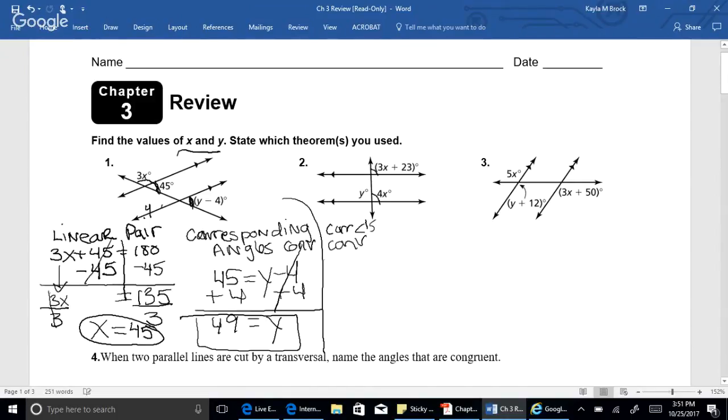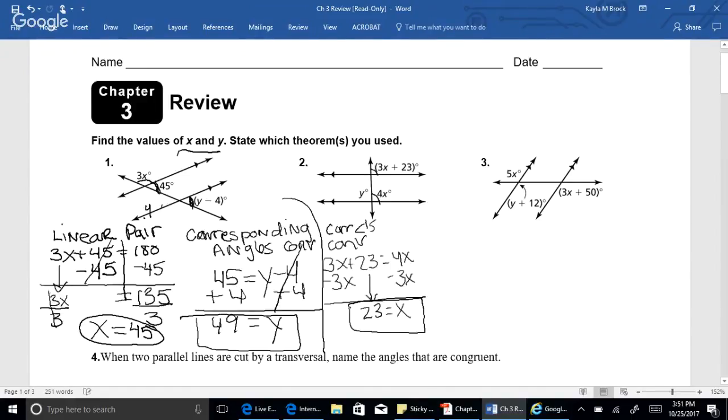And we will set 3x plus 23 equals 4x. Subtract 3x from this side, subtract 3x from this side. And we'll get 23 equals x.